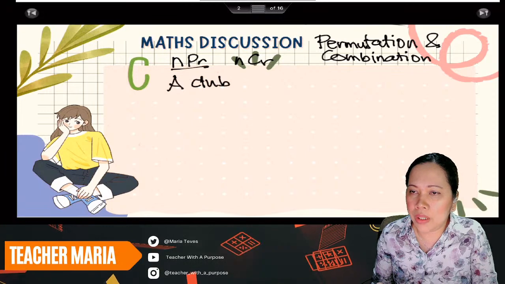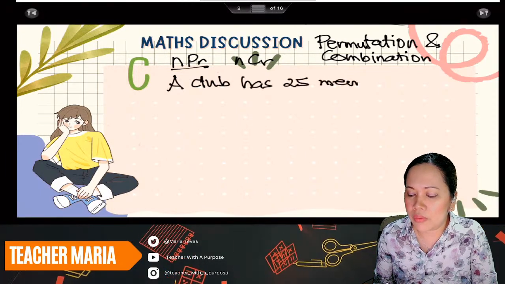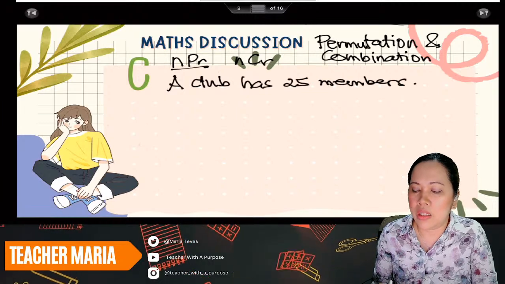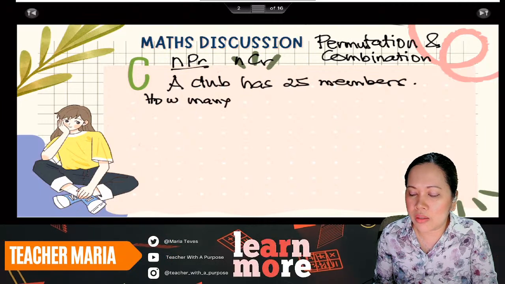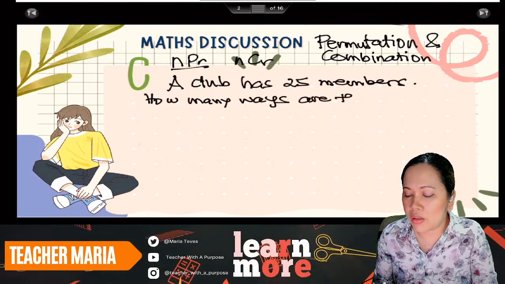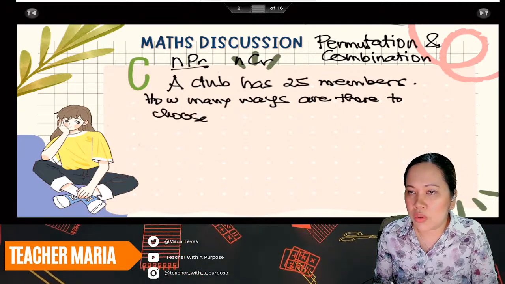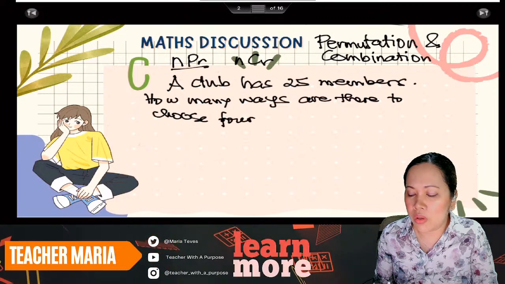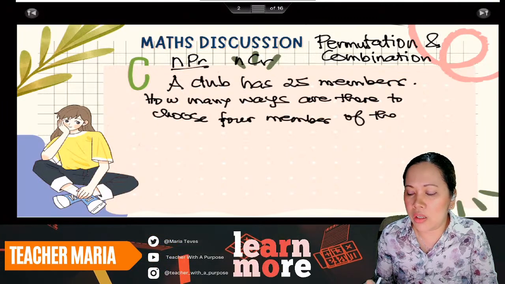A club has 25 members. So the question is, how many ways are there to choose four members of the club?